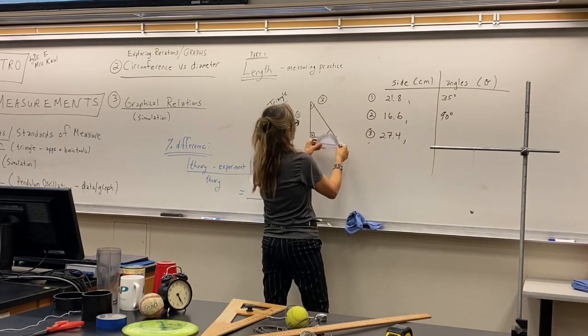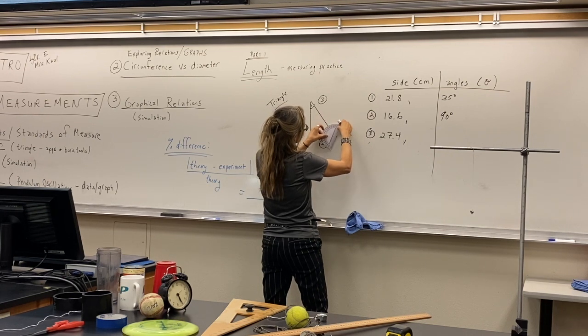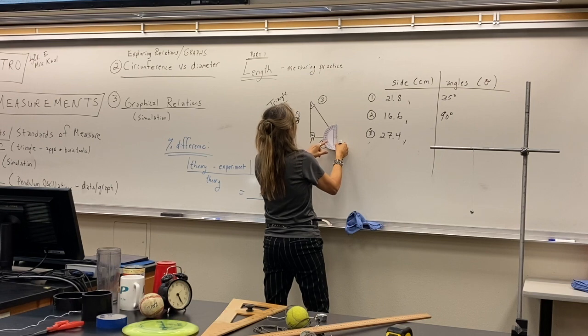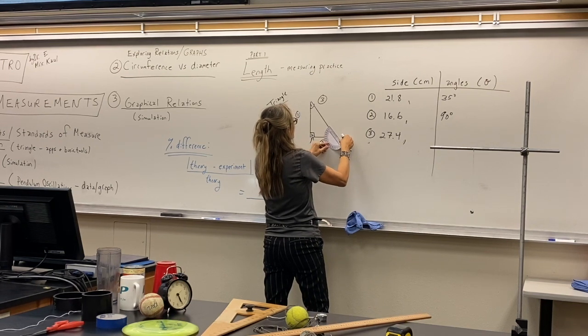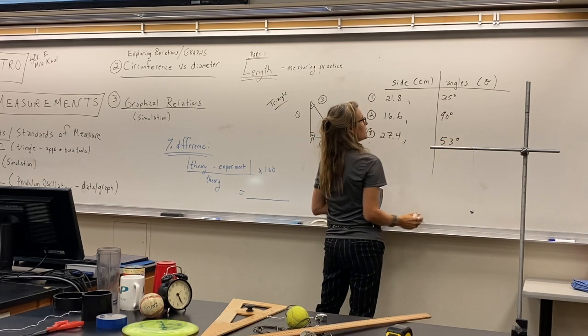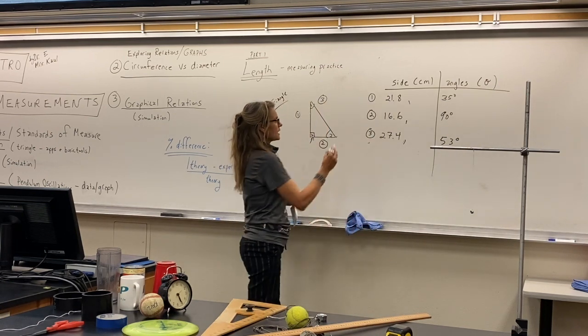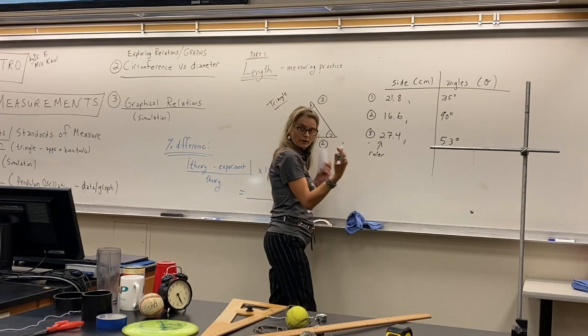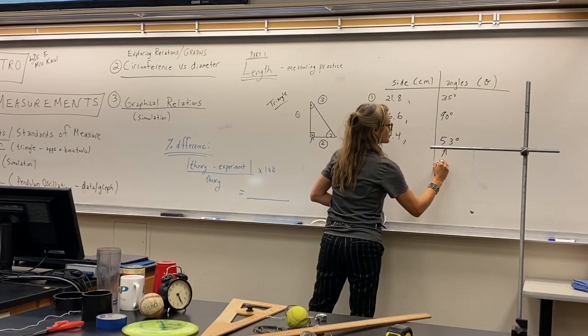And then angle 3, let's see, line this up and I get about 53 degrees. So a little off, okay? So this is done with a ruler, printable or physical, and this is done with a protractor.